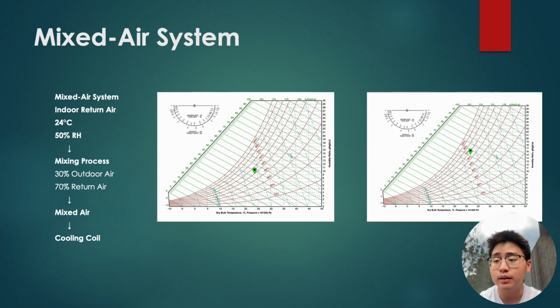Since the mixing process is assumed to be adiabatic, the humidity ratio of the mixed air is determined using the conservation of mass, while the specific enthalpy is determined using the conservation of energy. Because the return air has already been cooled and dehumidified, the mixed air enters the cooling coil with a lower temperature and lower enthalpy than the outdoor air.